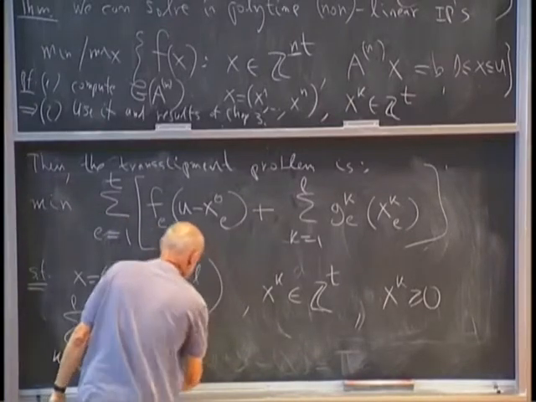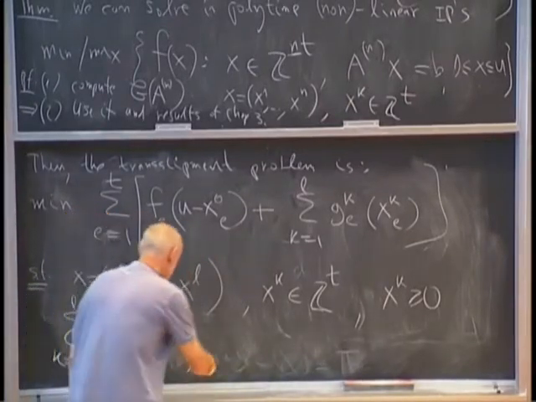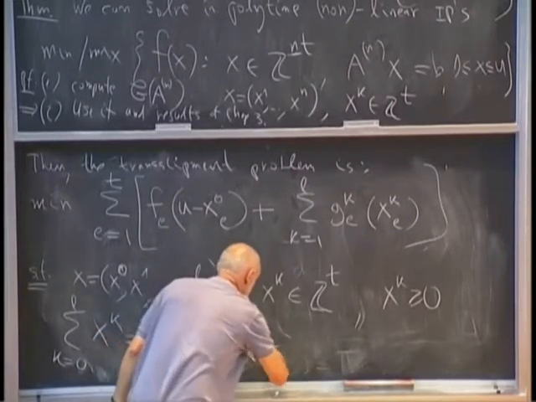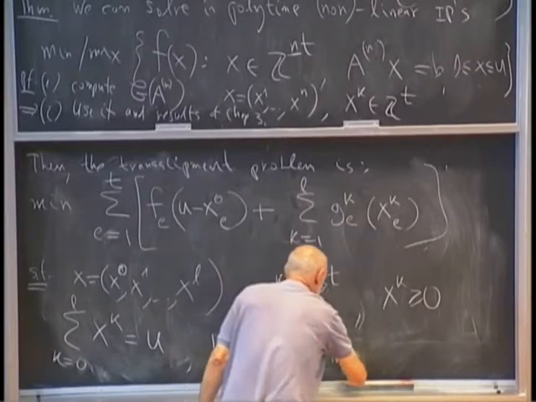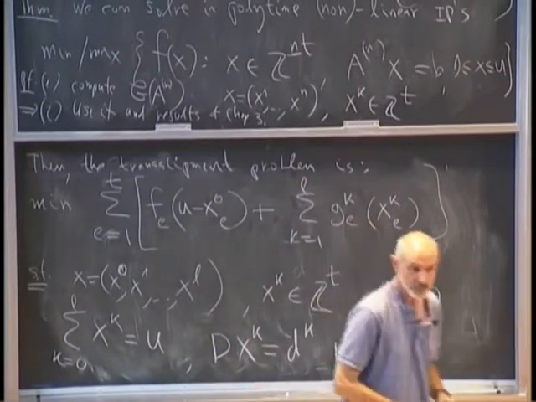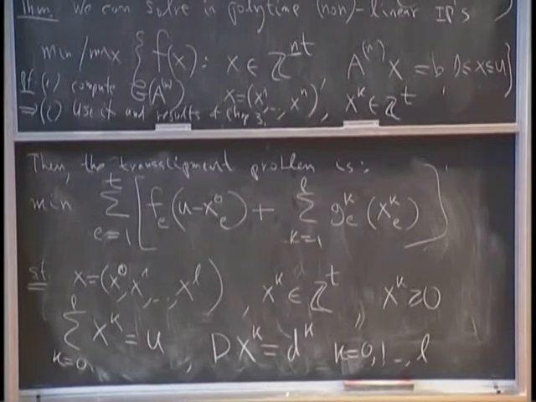And then we have the demand equations. The demand equations are all of this form: D times x_k equals d_k, k goes from 0 up to L. Okay, we are close to the punchline.